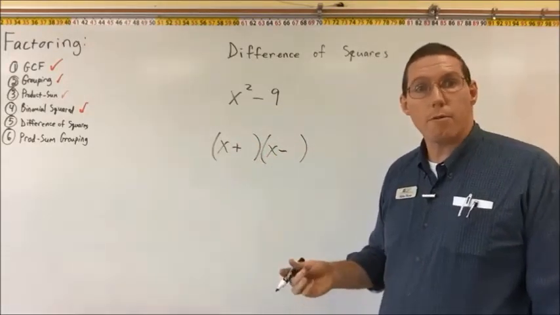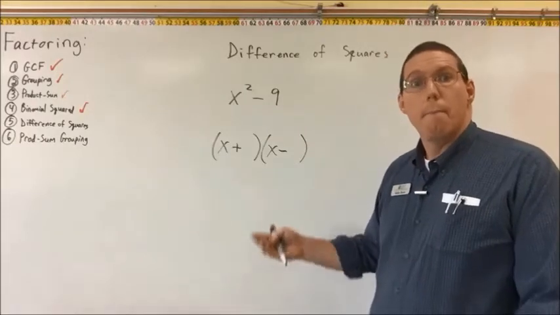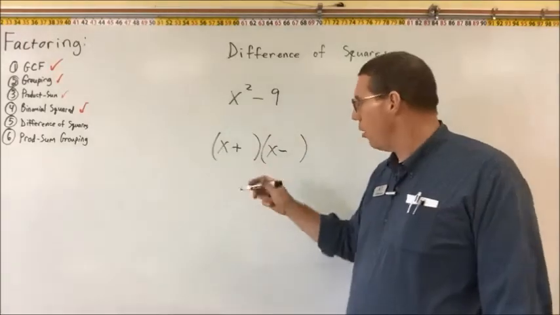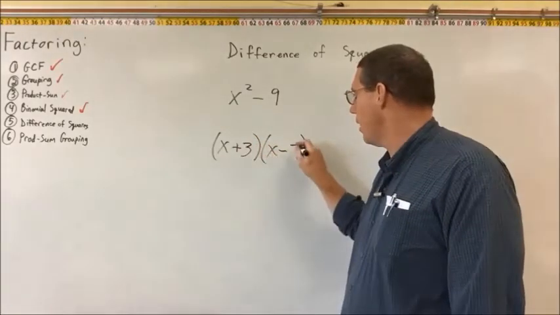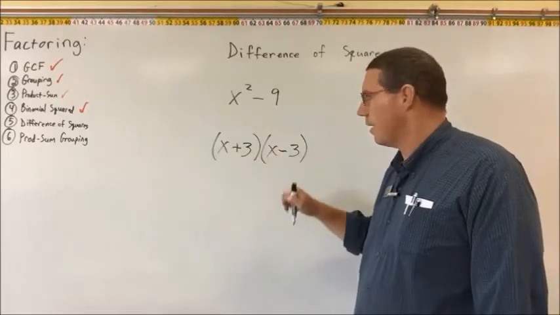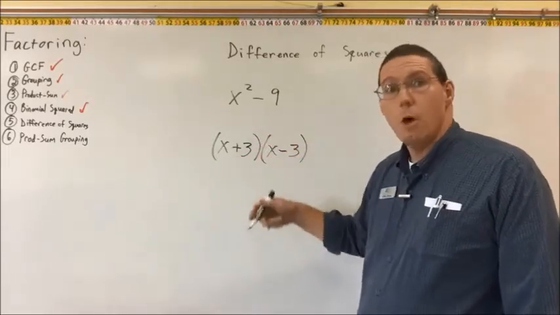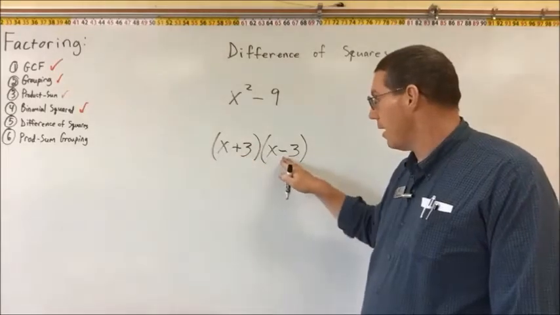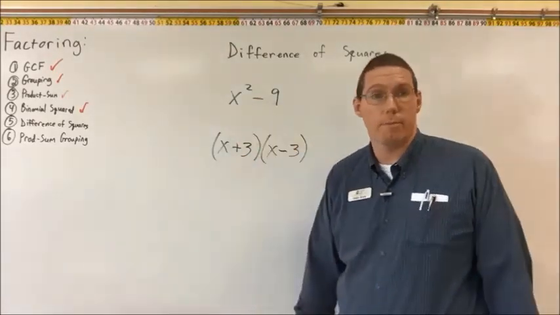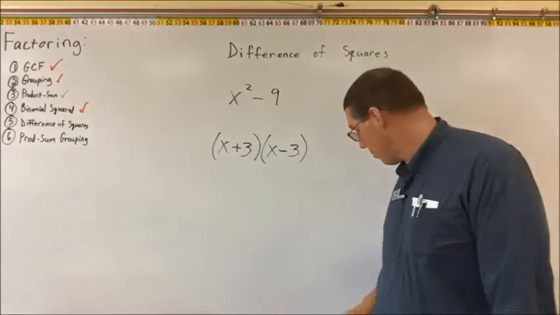Well, what two numbers that are the same multiply to equal 9? 3, right? So it's going to be x plus 3 and x minus 3. Because when we multiply positive 3 and negative 3, we get negative 9. When we add positive 3 and negative 3, we get 0, which accounts for the fact that there is no middle term.